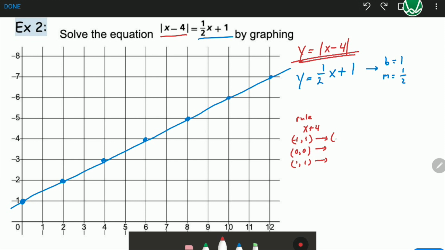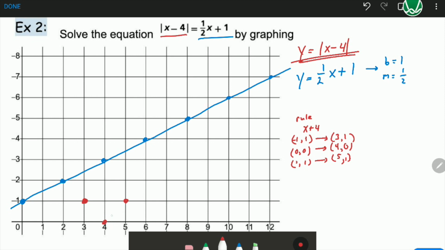So negative 1 plus 4 is 3, 4, and 5. My y values are not changing, so 1, 0, and 1. Plotting those 3 points: 3, 1, 4, 0, and 5, 1.